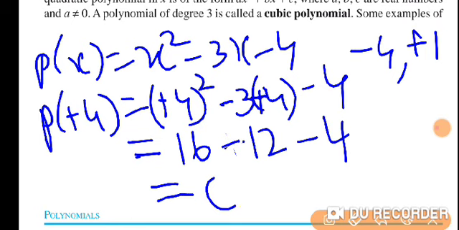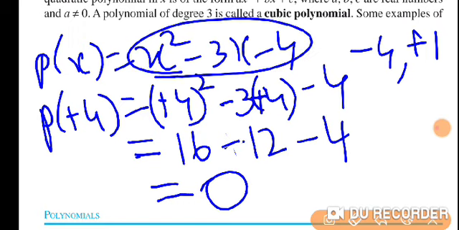What answer will I get over here? 0. Which means for x equal to 4, I am getting 0 as the answer. The value of this entire polynomial becomes 0 for x value 4. Is that point clear? Minus 4 and plus 1 are the factors, which means when x is equal to positive 4 you take, you will get 0. Now let us take another example.